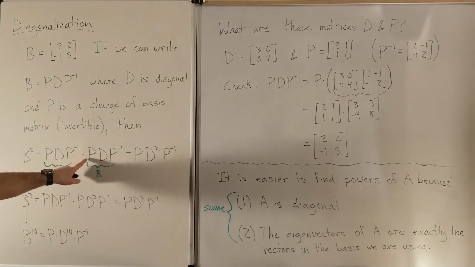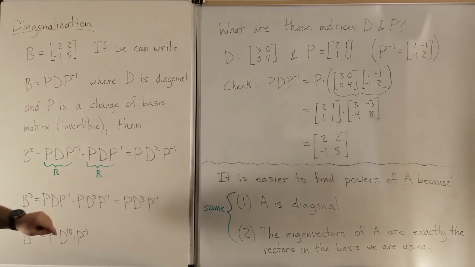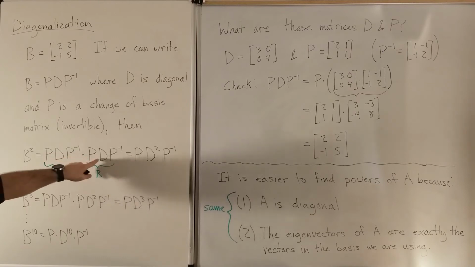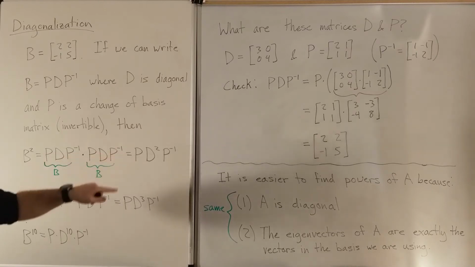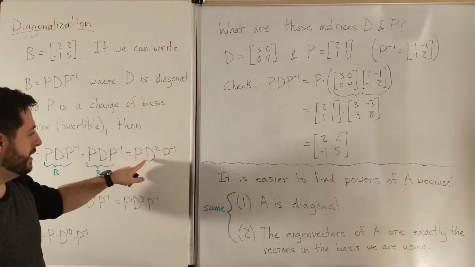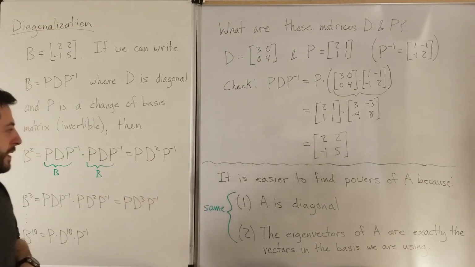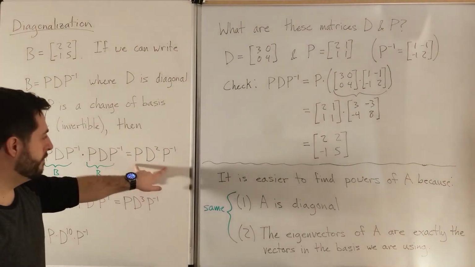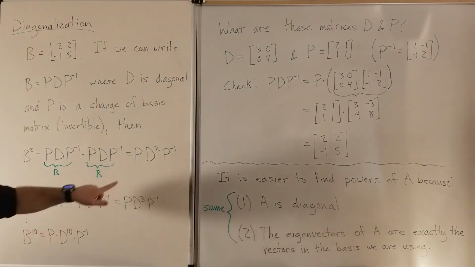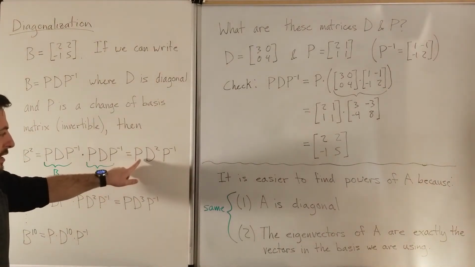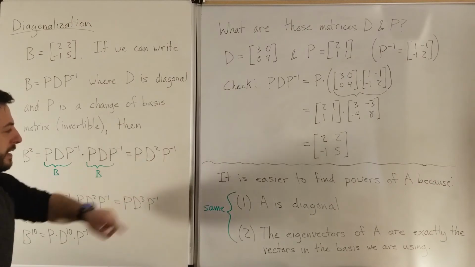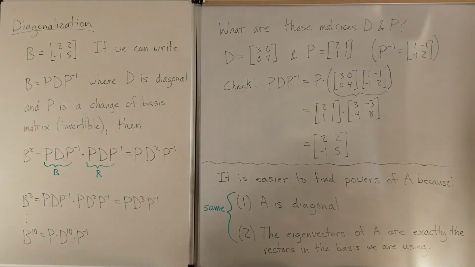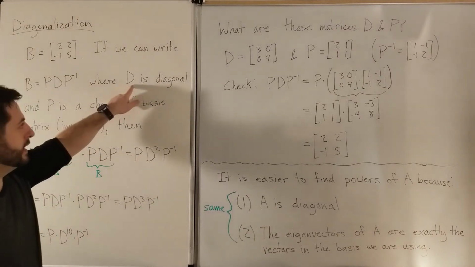This P inverse times P will cancel each other out, and we'll just be left with P times D times P inverse. In other words, we just have P times D squared times P inverse. So this is a nice way of writing B squared, and notice that the format doesn't change. We still have this P and P inverse, and D squared is something that's easy to compute because D is diagonal.